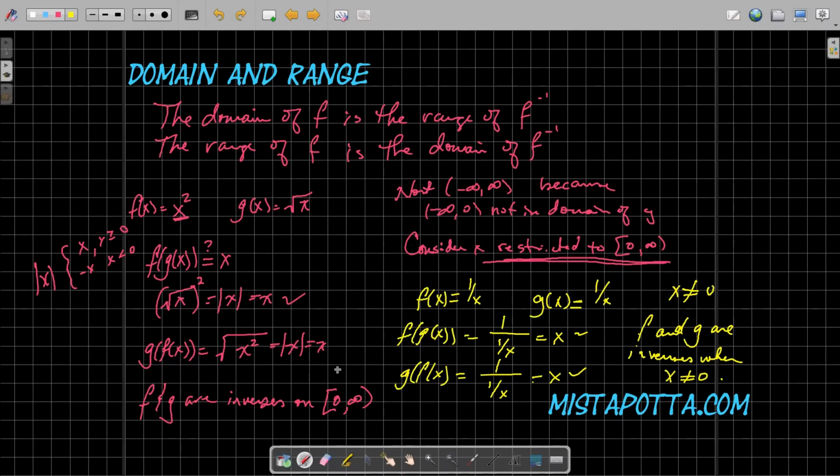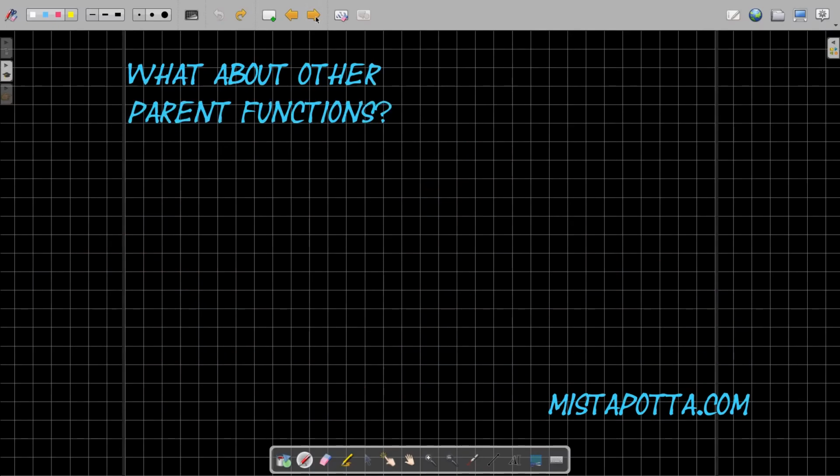So this brings up some interesting points. We've been talking about x squared, 1 over x. Those are some of our parent functions. So what about our other parent functions? Well, let's analyze this. If I'm talking about f of x being x, well, then g of x equals x would be an inverse function as well. I have this nice symmetry. If I take x and substitute it into x, I get x.